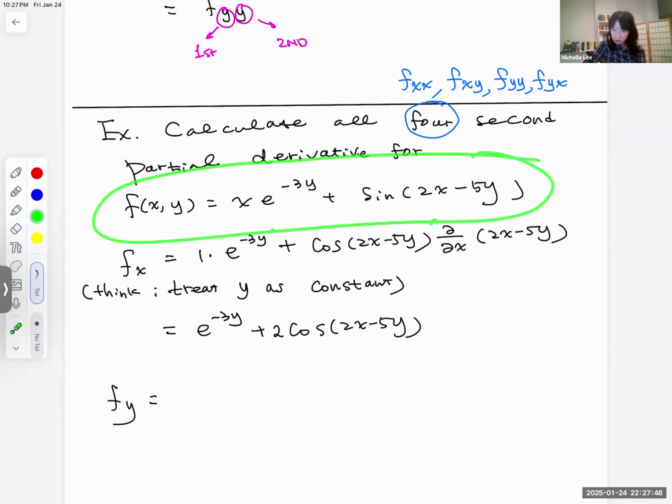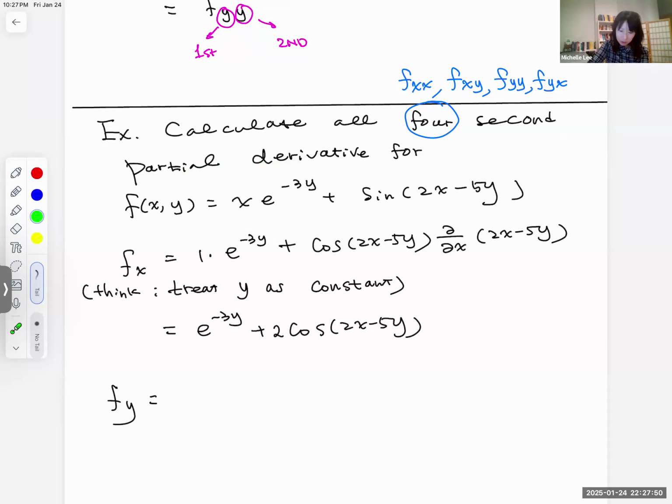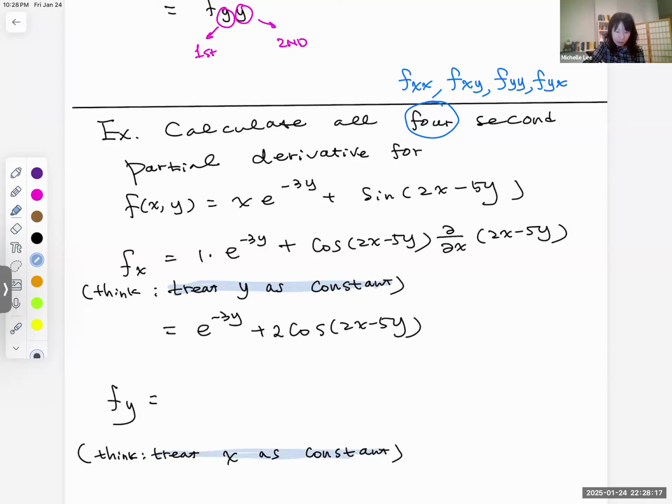We think of x as a constant, so we keep that x.